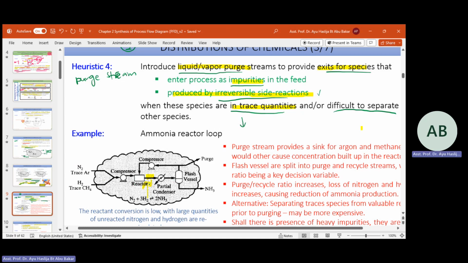Then after the reactor, you have ammonia and perhaps excess N2, which is also one of your feed. Okay, excess of N2. So that's why over here it uses a flash vessel to separate the ammonia and to purge out the excess of N2.